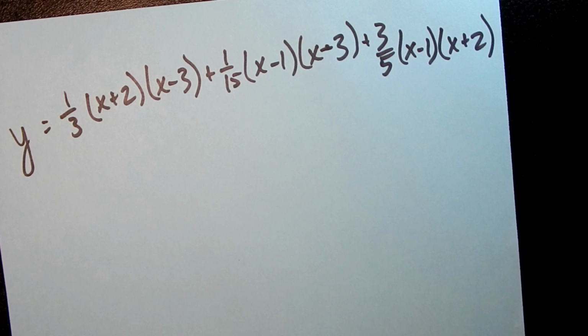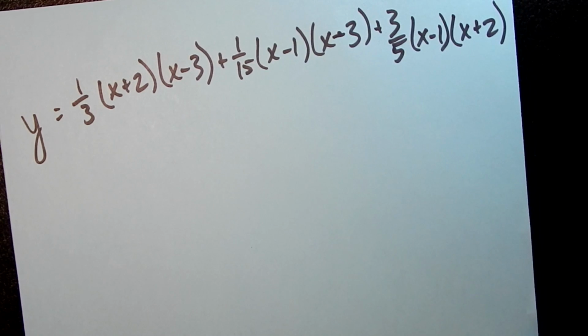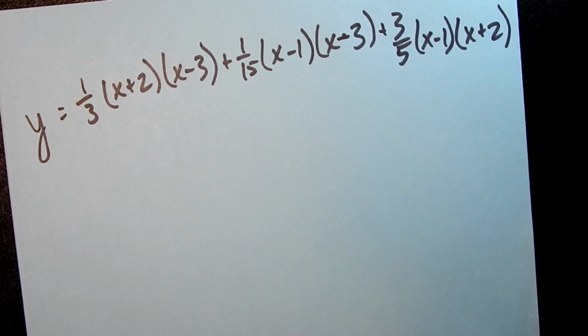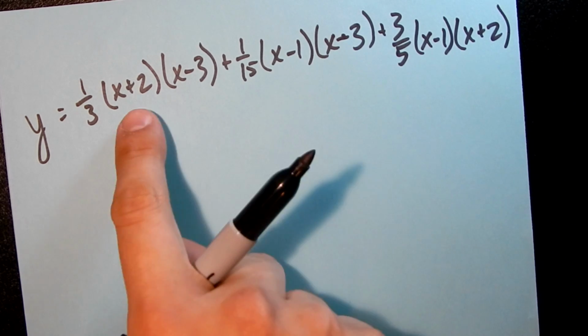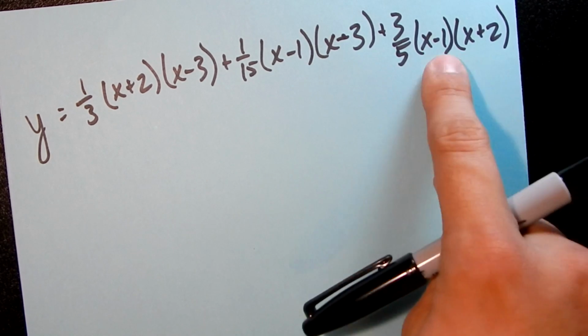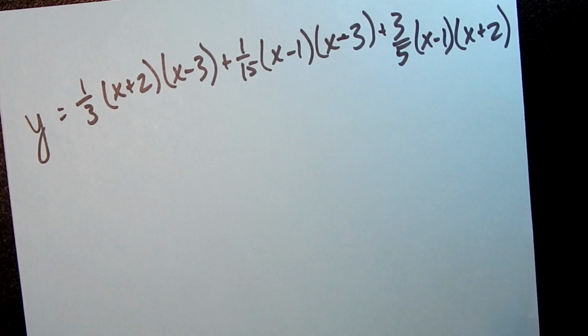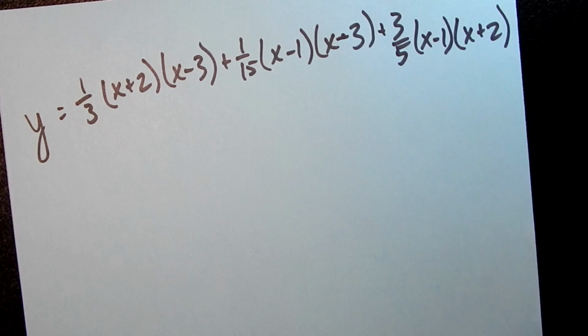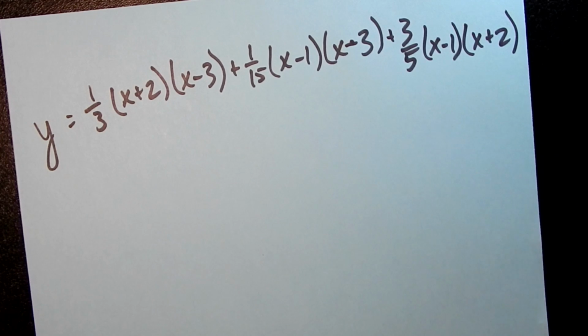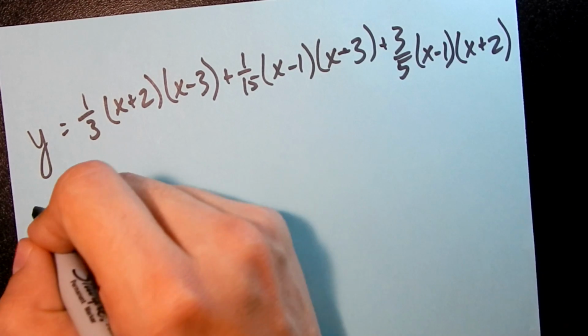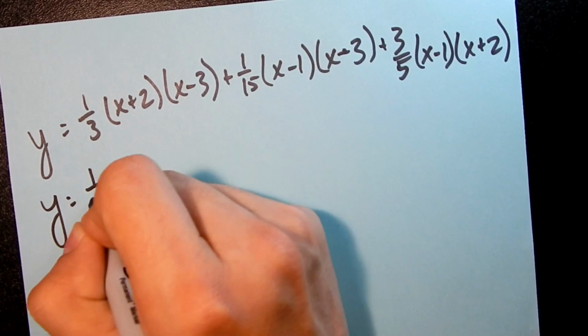Most teachers will want you to reduce it, and this does hopefully condense down into something that's a little more manageable. So in this case, we have to do a little bit of FOIL stuff here, and then we're going to have to combine some like terms. So let's see here, what do we get? We're going to say y equals 1/3.